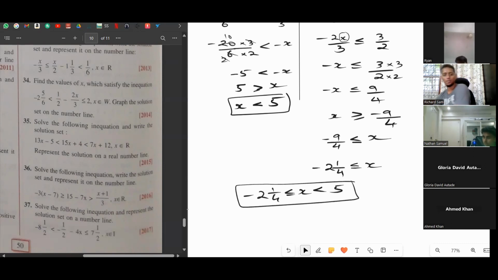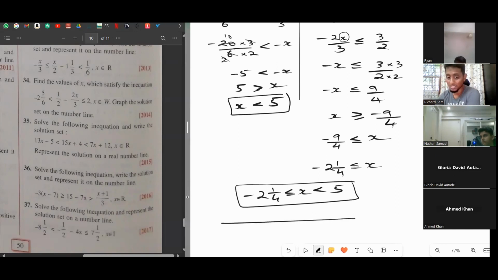Now you have to represent this on a whole number line. Whole means you'll start from 0, even though it's including some negative numbers. See, if it was integers, what would you do? Then you start from minus 3, minus 2, minus 1. And where is this minus 2, 1 upon 4?